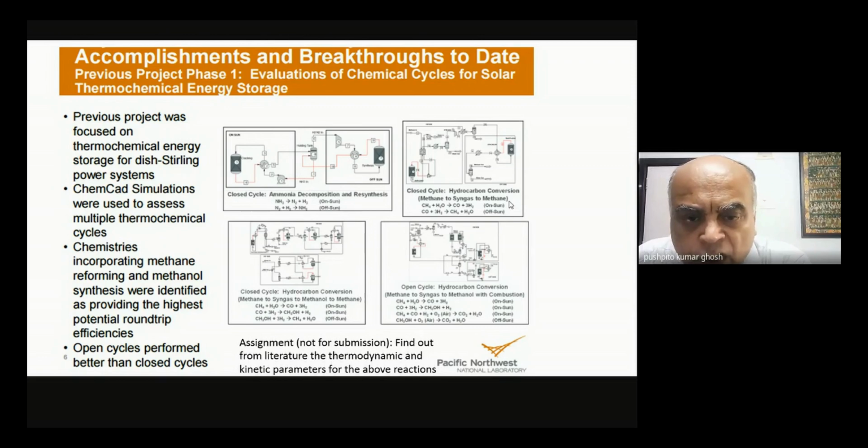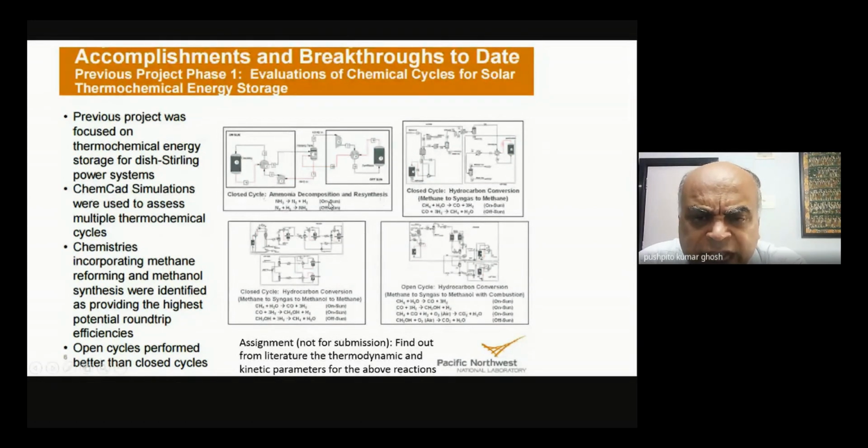Okay, so I won't go through the other schemes, but I want you to have a look at it. There is another scheme which has been made, with methanol, but let's just focus on these two schemes. Now the assignment, you don't have to submit it, but I want you to do it at home. I'm telling you in a very qualitative way.